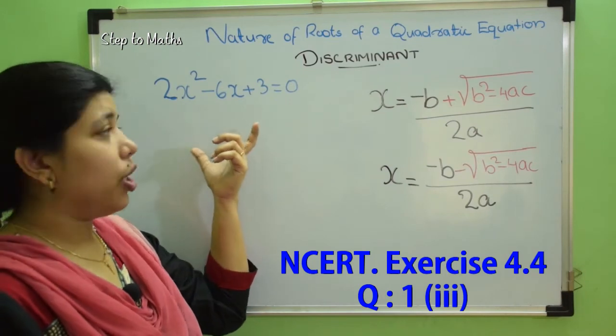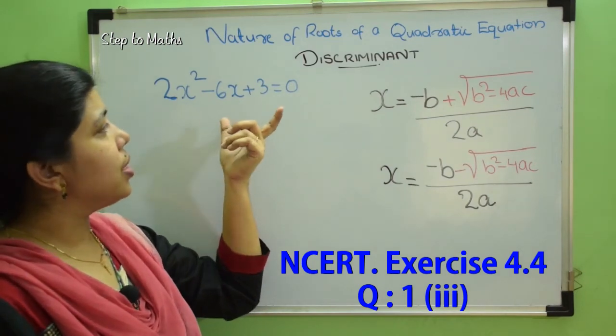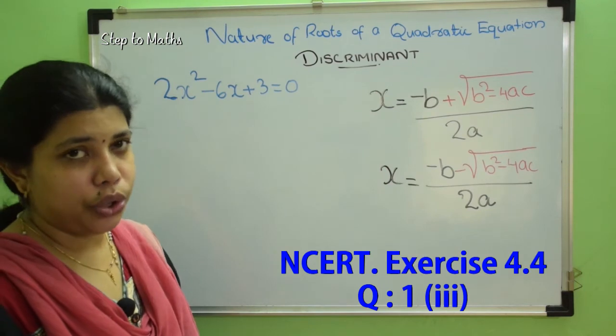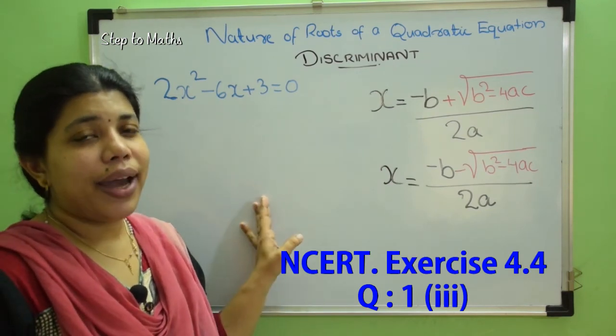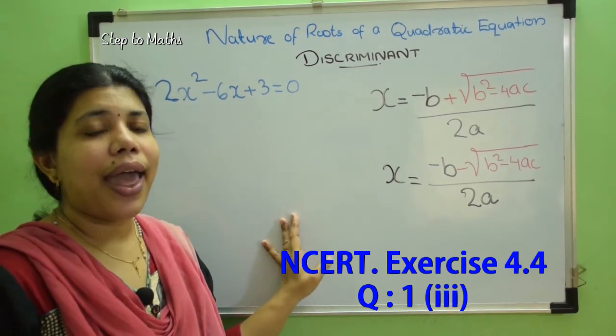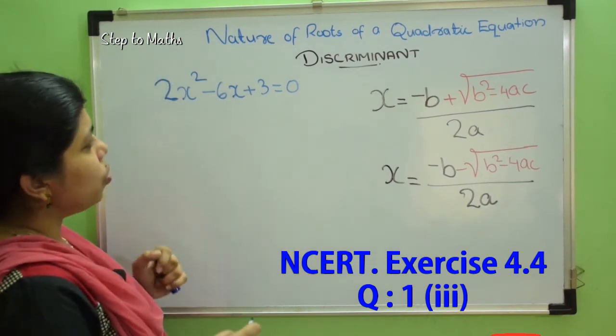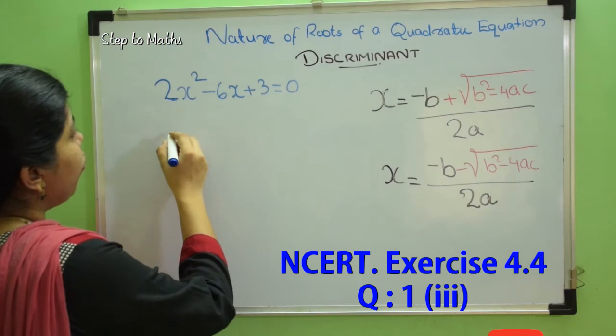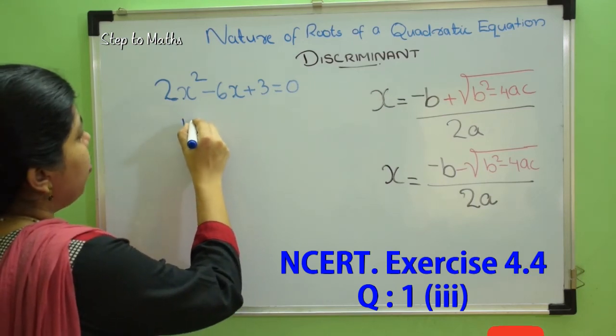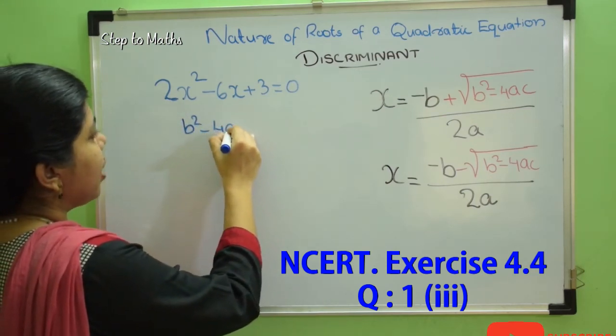Consider the next question: 2x² - 6x + 3 = 0. Determine the nature of roots, and if they are real, find the roots. First, find out the value of b² - 4ac.